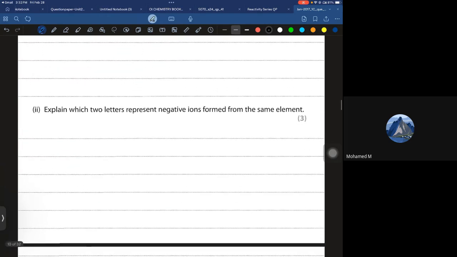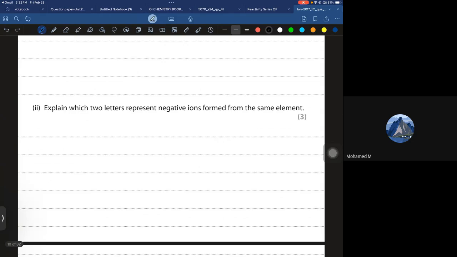So the answer would be G and H, as they have more electrons than protons. Okay, this is of 3 marks.